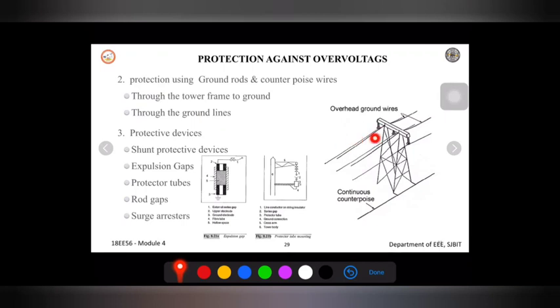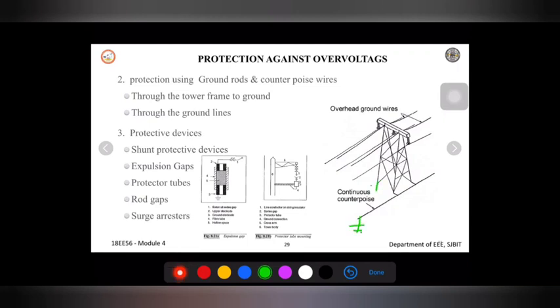Here we can see this is called a counterpoise wire. For all the transmission line, there will be a wire. So if any ground is failing within one transmission tower, it will be connected to the next tower, and this entire counterpoise wire will be connected to the ground at equal intervals once again.